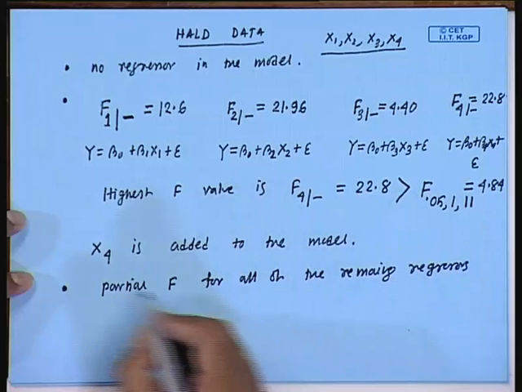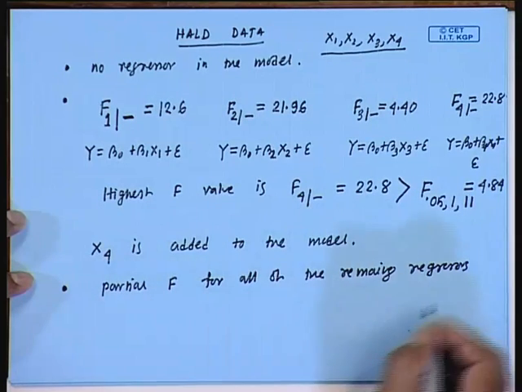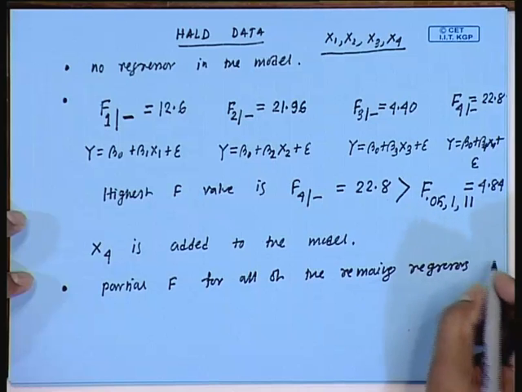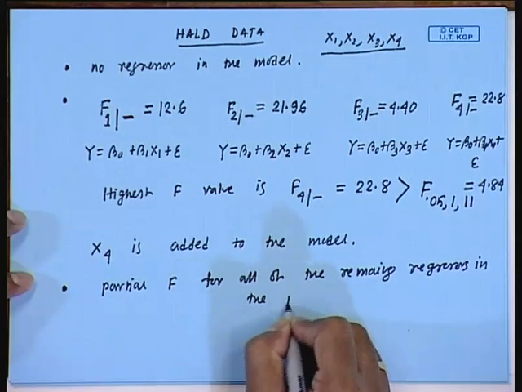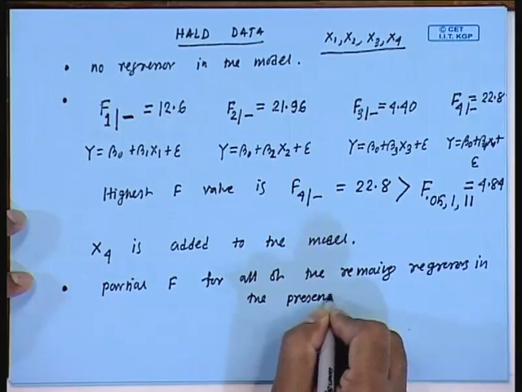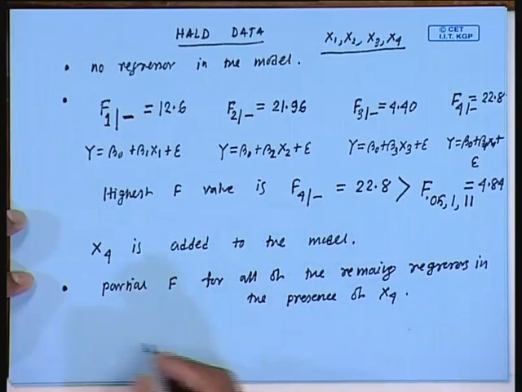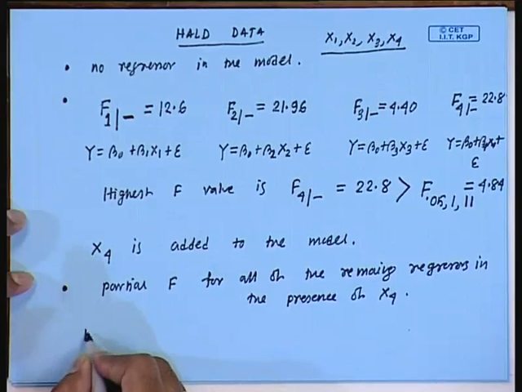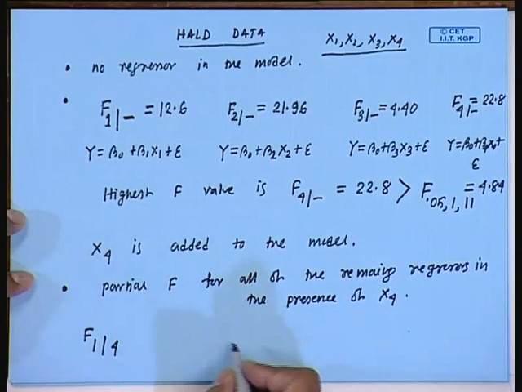Remaining regressors means, see, x4 is already in the model. So, in the presence of x4, what we do is that we will compute F1 in the presence of x4.